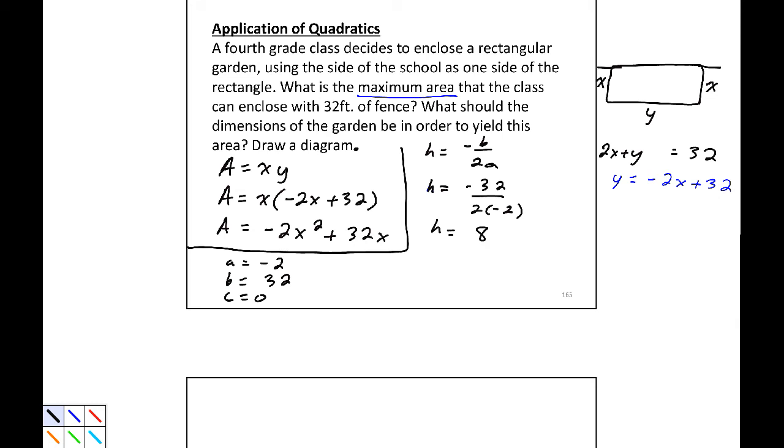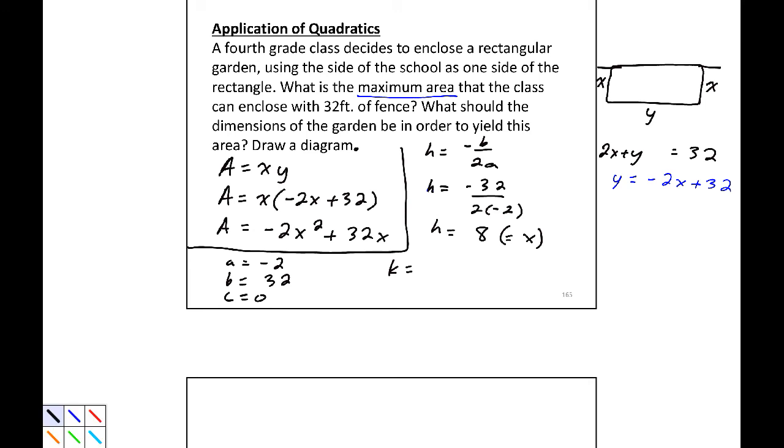So h equals 8. But that is not the maximum area. That is what value of x gives us the maximum area. That will be helpful, since we want to know our dimensions. But we can find the actual maximum area by finding k.